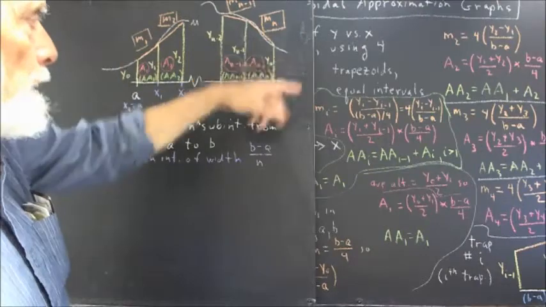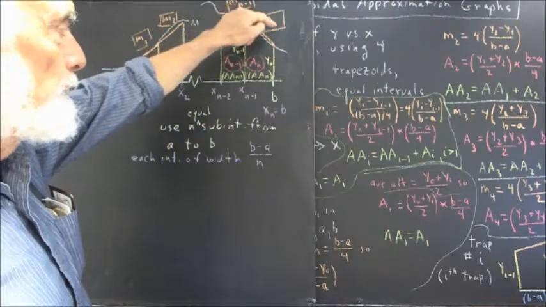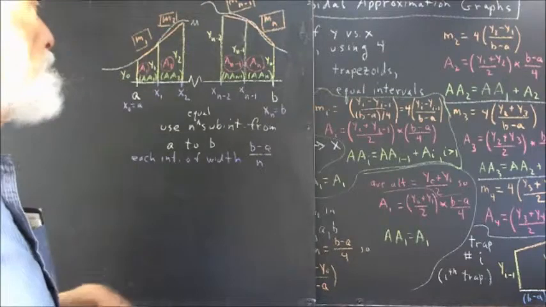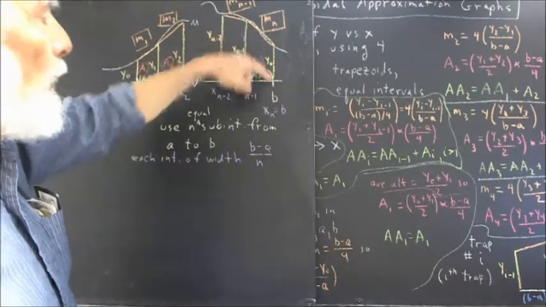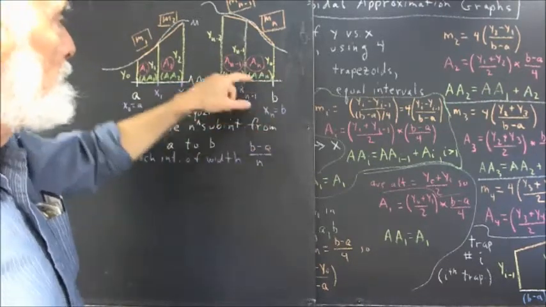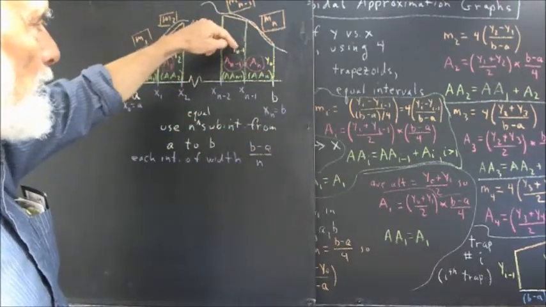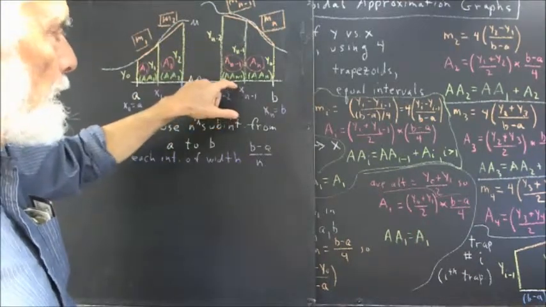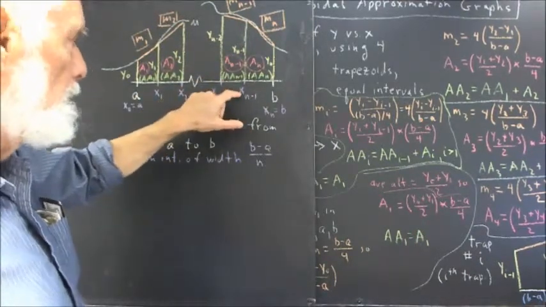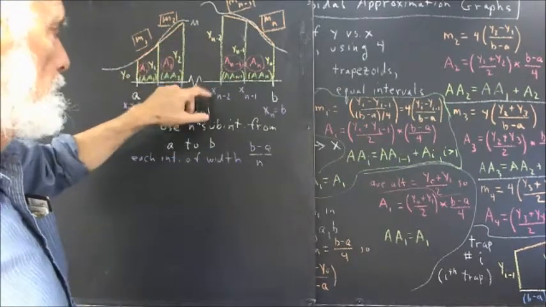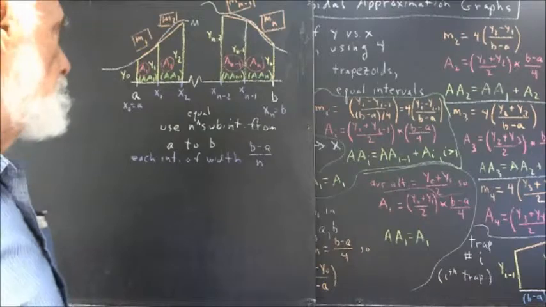Obviously there are n intervals, so this last one has to be m sub n. The one before that's m sub n minus 1. Just as the last y value is y sub n corresponding to x sub n, this one here is y sub n minus 1, corresponding to x sub n minus 1, and y sub n minus 2 corresponding to x sub n minus 2.